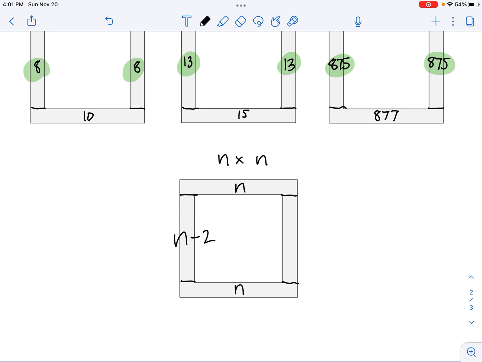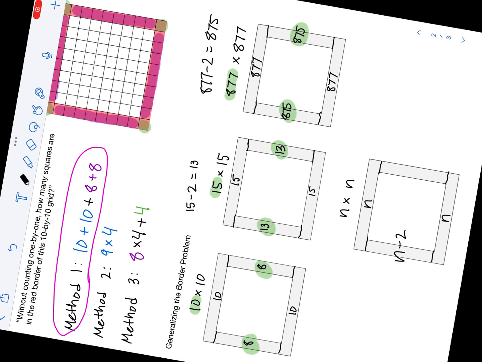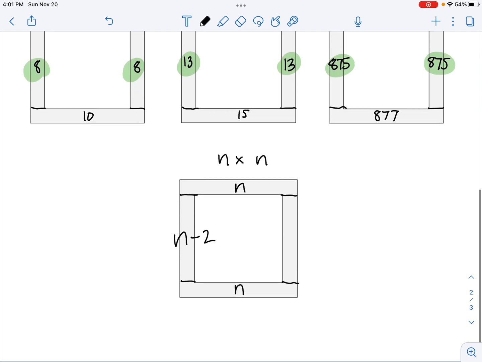This section also has, I'm going to write it sideways, oops, so that it's fitting in there, n minus 2 squares. So that's how I would generalize and draw in one pattern to represent the border geometrically. And notice how I've also labeled each section with the number of squares. That was another instruction in the problem.